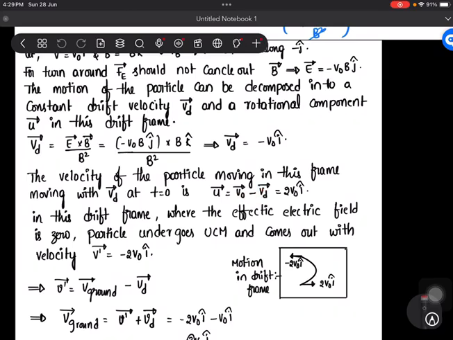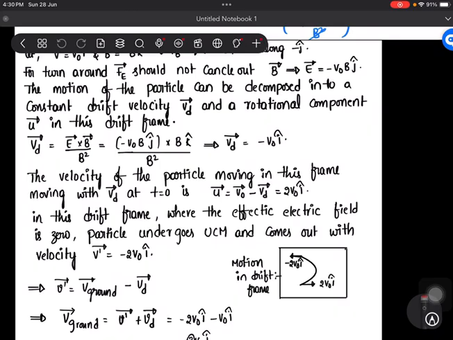V naught minus of minus V naught will become 2 V naught i cap. As I told you, in that frame we experience only magnetic force, due to which you experience only uniform circular motion of the path. So in the drift frame, initially it is having a velocity of 2 V naught. When it turns around, it will have a velocity of minus 2 V naught i cap.